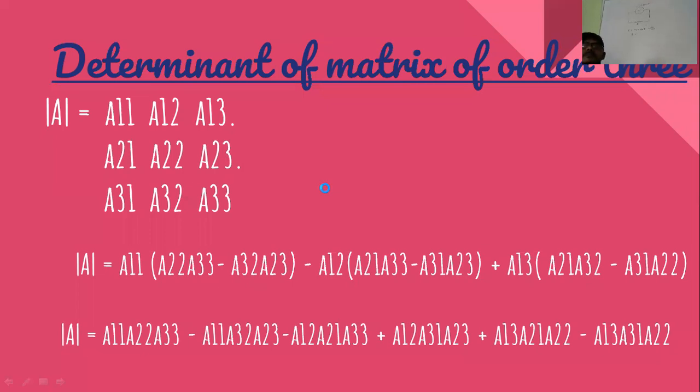Mod of A is equal to a11 (a22 times a33 minus a32 times a23) minus a12 (a21 times a33 minus a31 times a23) plus a13 (a21 times a32 minus a31 times a22). Expanding, mod of A is equal to a11 a22 a33 minus a11 a32 a23 minus a12 a21 a33 plus a12 a31 a23 plus a13 a21 a32 minus a13 a31 a22.